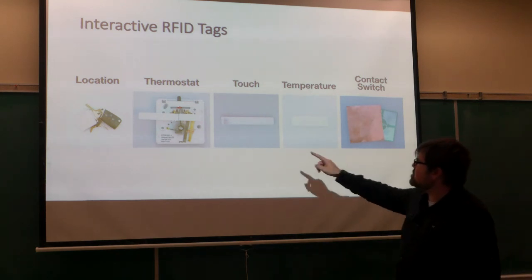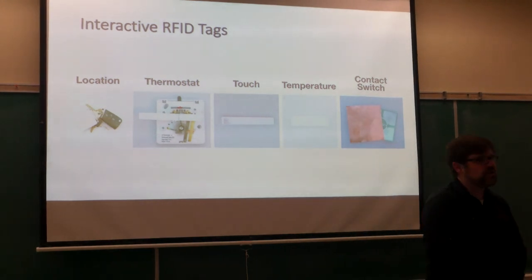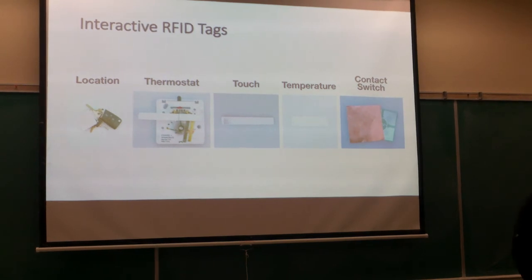Another is related to touch. Again, this was another example where we hacked an RFID tag. We basically cut off part of its antenna. Normally there's an RF tuning that needs to be done between the computer that's inside the RFID tag and the antenna. If you cut off part of the antenna, it's no longer properly tuned.